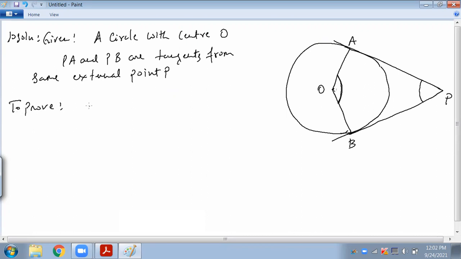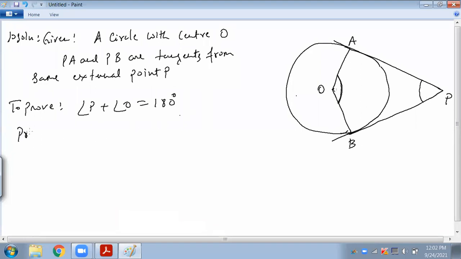Angle P plus angle O equals 180, since supplementary means the sum is 180. You have to show that angle P and O are supplementary.